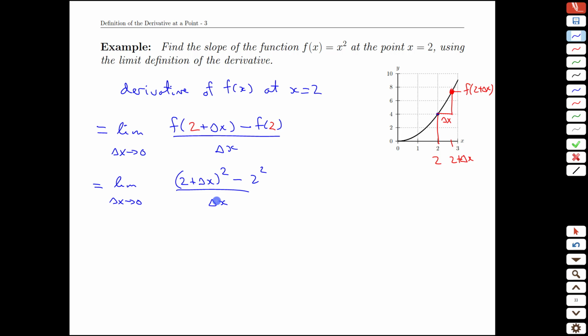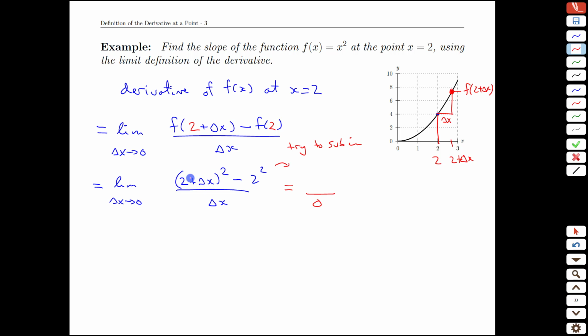It's worth noting that even at this stage now, if we try to sub in, we're going to have the problem that we have with every derivative initially, that we're going to get in the denominator a 0. We're going to have delta x getting smaller and smaller and smaller because that's the limit we're taking.